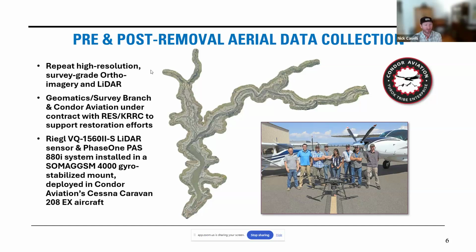For every hour flown and hour of data collected, I think it's important to mention that there's a lot of background work that goes into it. The processing is fairly labor intensive. We might be able to get out and collect data for an entire reservoir in a day or two, but there's going to be many days and weeks of follow up after the fact to actually come up with a usable product.